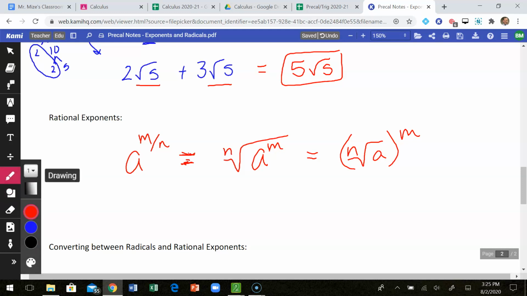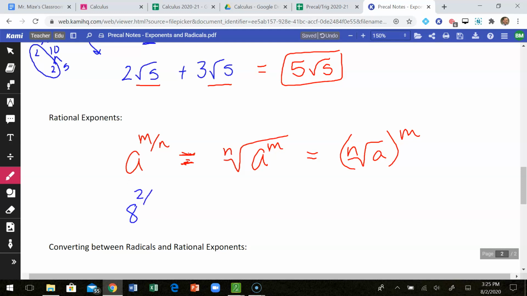Let me give you an example of that. If I wanted to do, let's say, 8 to the 2/3 power. Okay. And again, how do I remember which one goes inside as the exponent? How do I know which one is the radical?